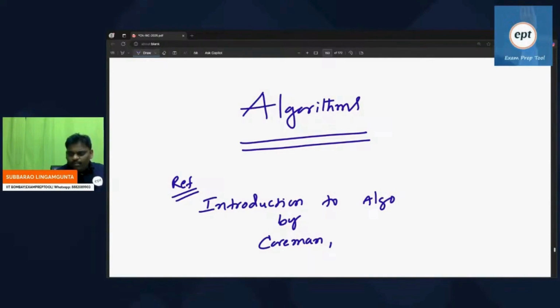I think maybe 4th edition or 5th edition, I don't know. So this is the book which you can refer to for this subject at any point of time if you have doubt.